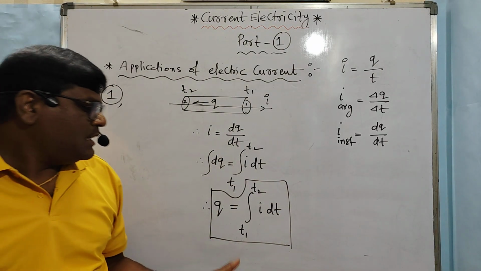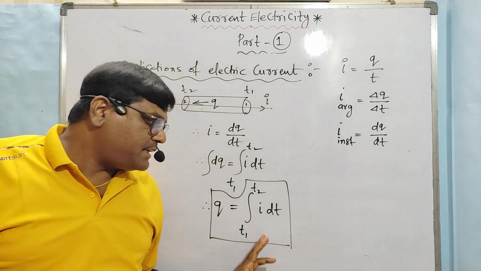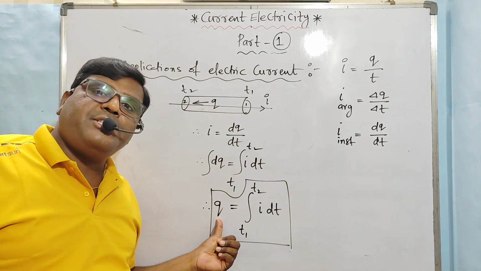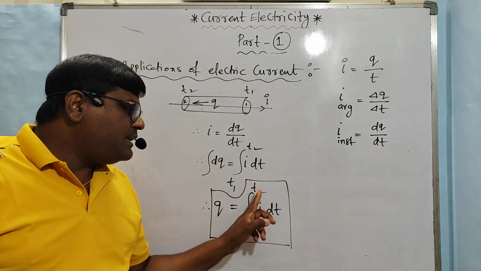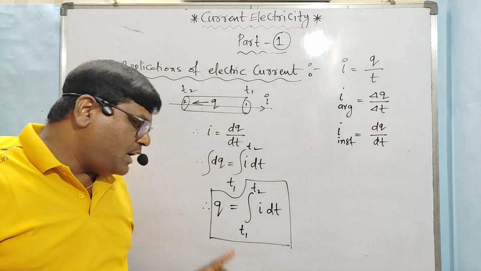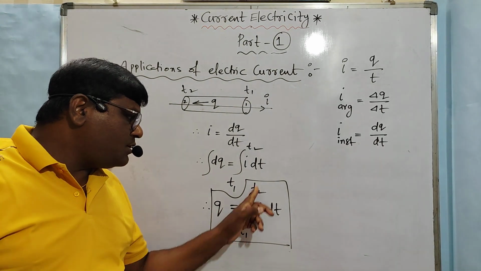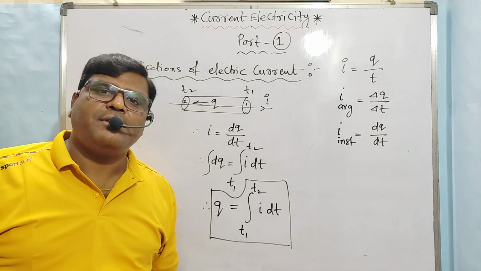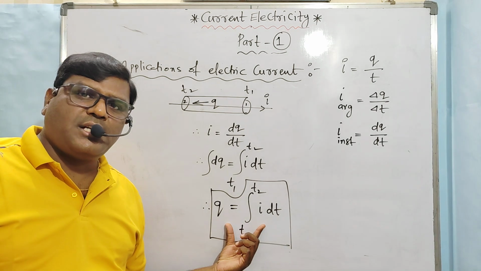Once again I repeat, we use this formula when current is given in terms of time, and we need to find how much charge is flowing through the conductor in a time interval of t1 seconds to t2 seconds. If they are asking like that, we use it to find the charge. So q is equal to the integration from t1 to t2 of I into dt. We will see the problems based upon each and every formula.